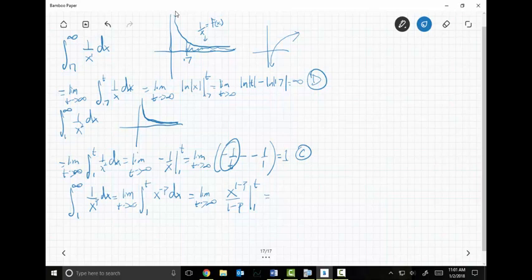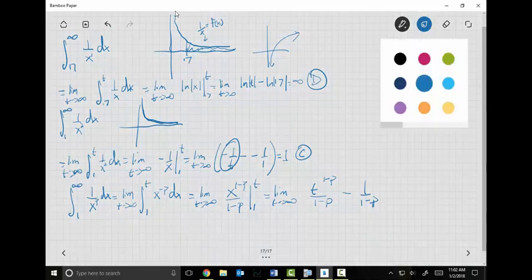So this becomes the limit as t goes to infinity of t to the 1 minus p over 1 minus p, minus 1 over 1 minus p, right? Because if I plug a 1 in, 1 to the anything is 1. True?